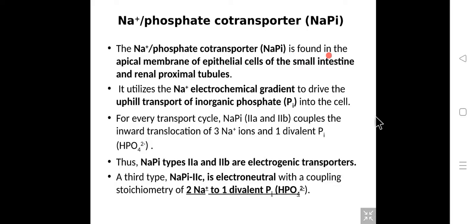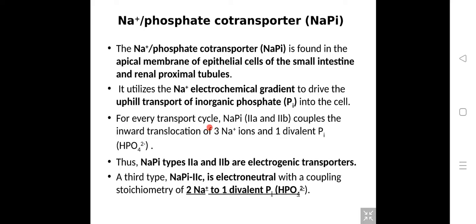The phosphate transporter is found in the apical membrane of epithelial cells of the small intestine and the renal proximal tubules, and it also utilizes the sodium electrochemical gradient to drive uphill transport of inorganic phosphate into the cell.